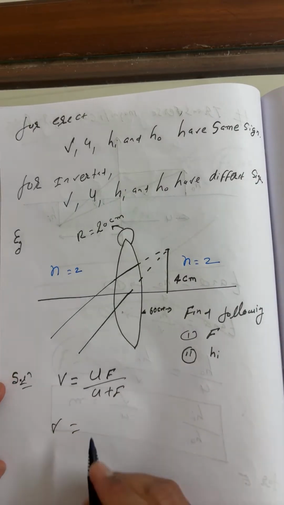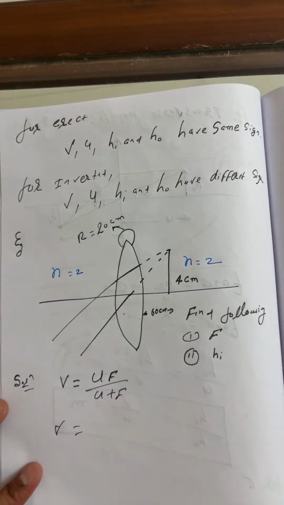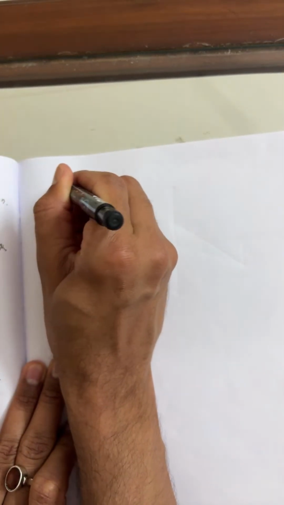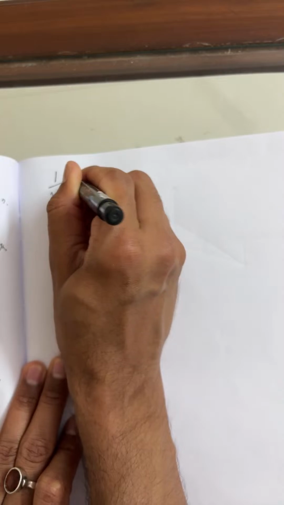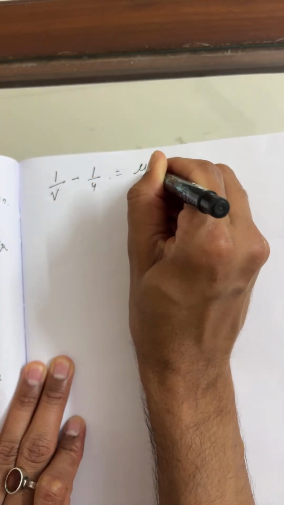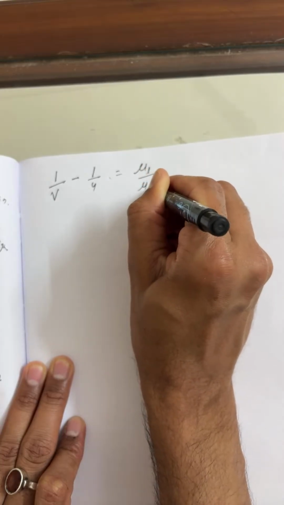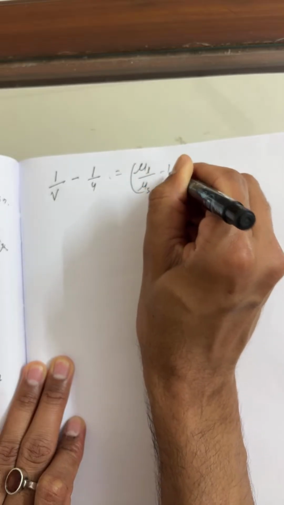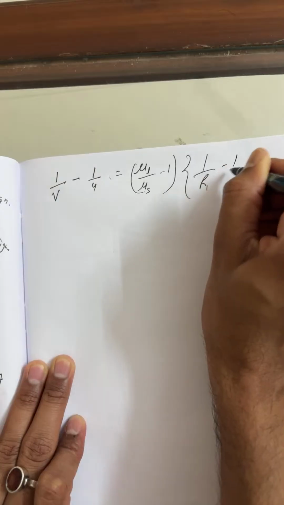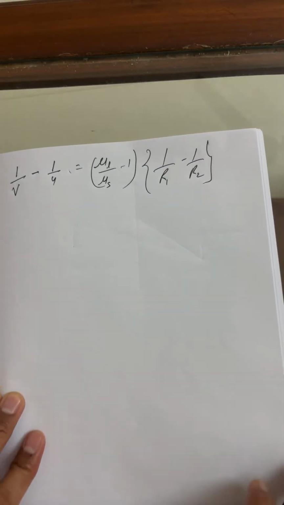So what I recommend is that first we have to find V. How can we get V? Just move on to the next paper. For getting V we can apply the lens maker formula: 1 by V minus 1 by U is equal to mu of lens upon mu of surrounding minus 1, into 1 upon R1 minus 1 upon R2. Right, students?